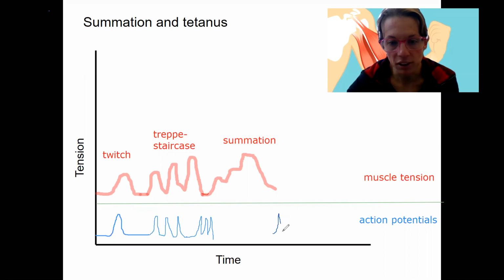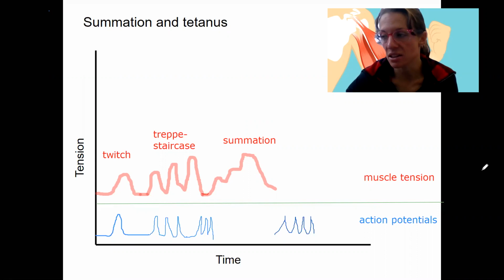If we have continued quick action potentials, so the nerve is firing multiple times, and those are actually a little bit close together, I'm going to do those a little bit farther apart. So this is going to be a type of summation that occurs here called unfused or incomplete tetanus.